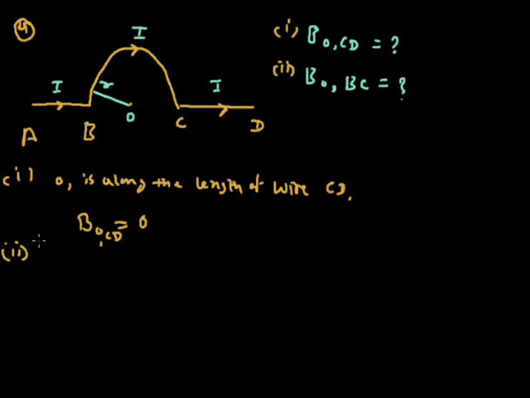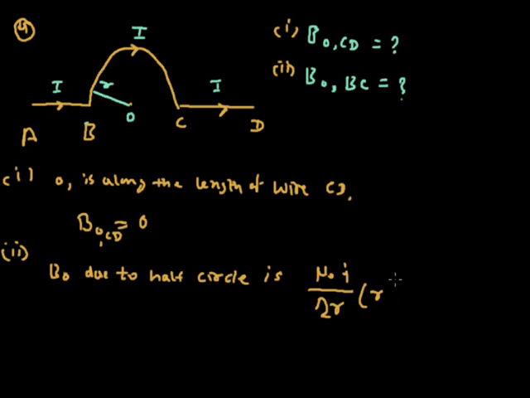And at the second point, we know that BO due to the half circle is given by the general formula for any angle made by a circular arc.